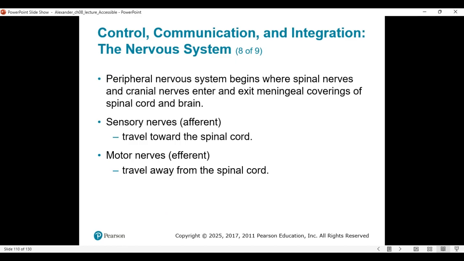Peripheral nervous system begins where the spinal and cranial nerves enter and exit. The meninges cover the spinal cord. Different types of neurons or nerves, the sensory nerves. These are afferent and they travel towards the spinal cord. Motor nerves are efferent and they travel away.